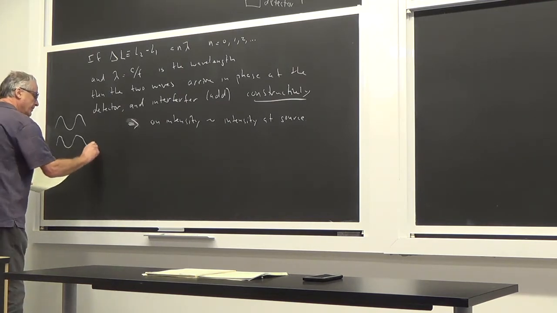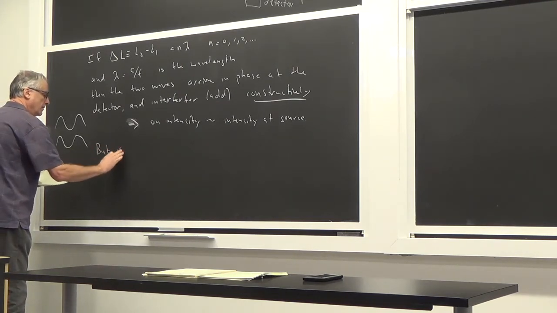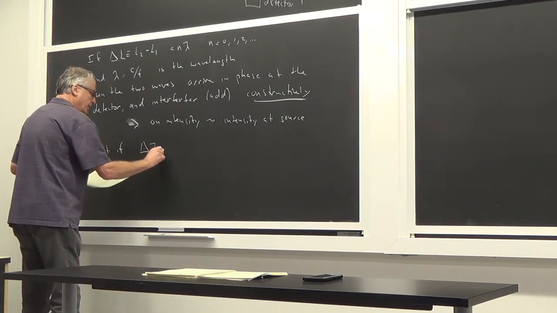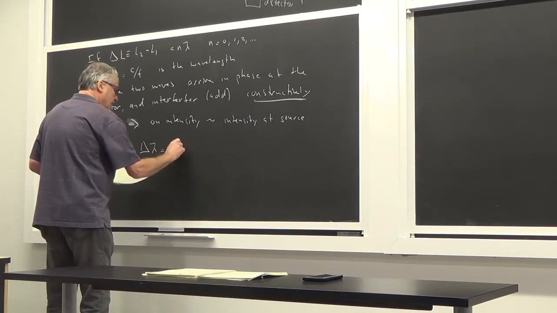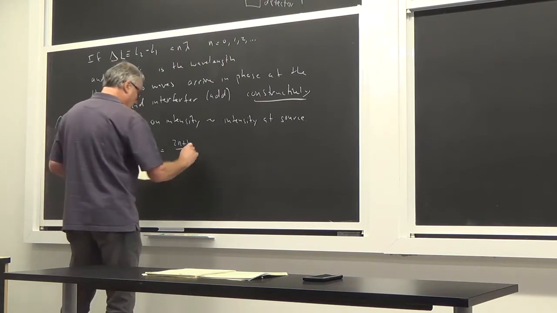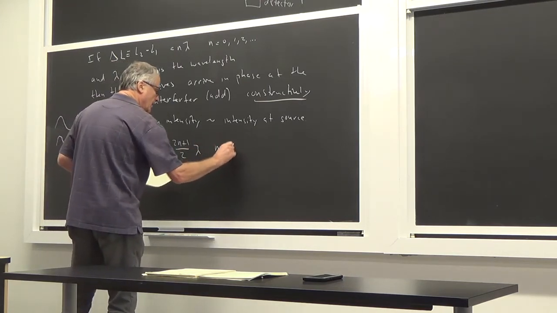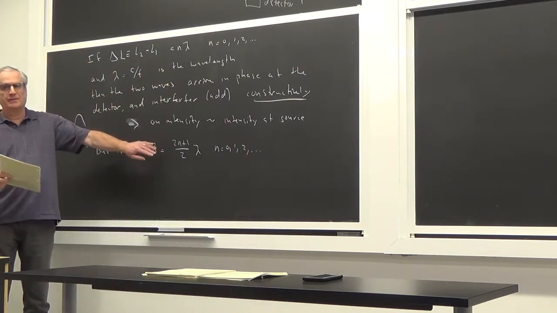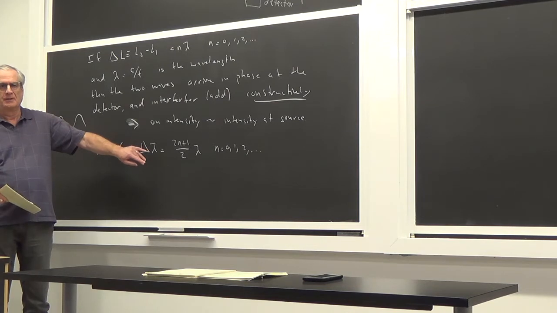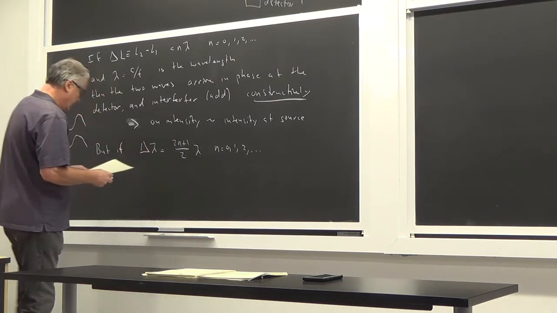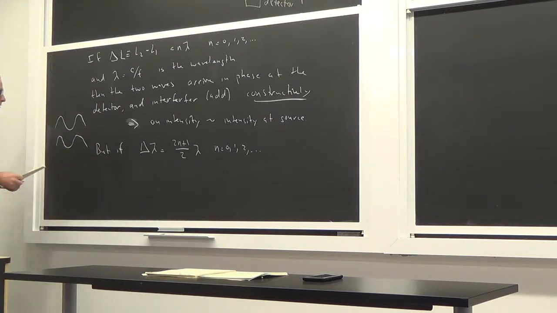On the other hand, if delta L is some number of half wavelengths different, that's not an even number of half wavelengths, then you have a situation where these waves interfere destructively.